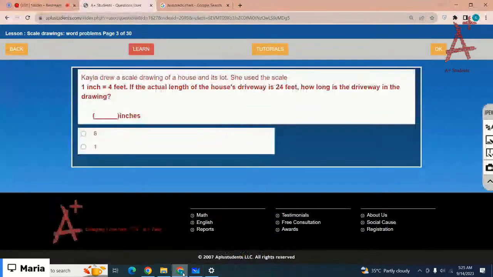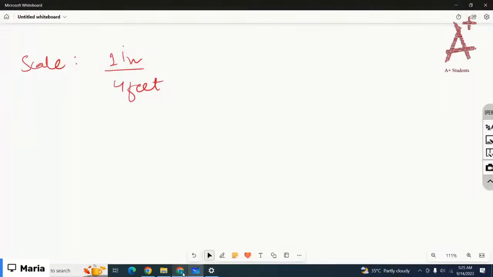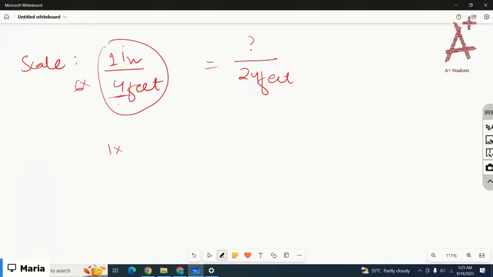So the actual length of the house driveway is 24 feet. You have to calculate the value in the scale drawing. Let's make the denominator the same. 4 times 6 makes 24, so multiply the 1 by 6 as well. 1 times 6 is 6 inches and 4 times 6 is 24 feet.